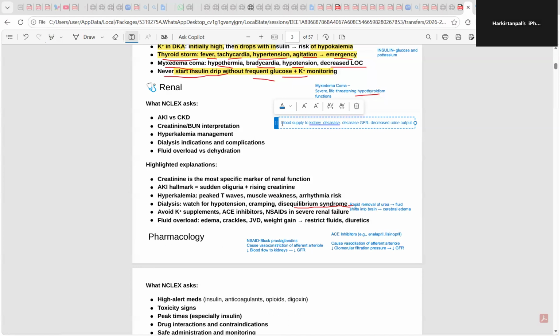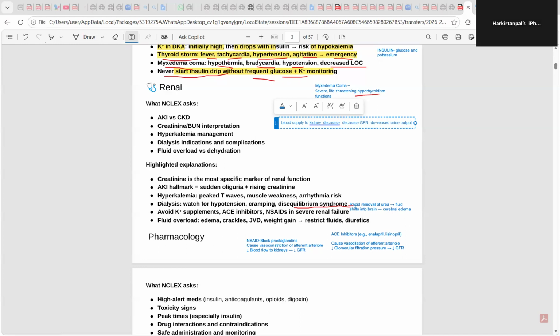Okay, so we know all the nitrogenous waste products are eliminated through the urine only, like blood urea nitrogen, urea, creatinine, potassium. So you think, when there is a decreased urine output, what happens to these waste products? Are they eliminated through the urine?